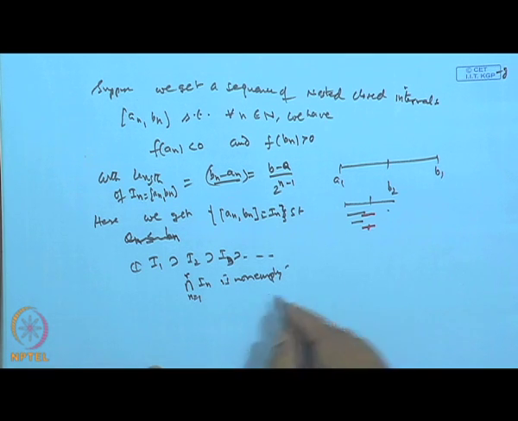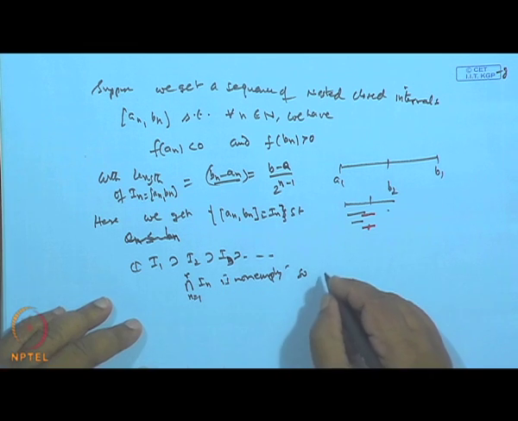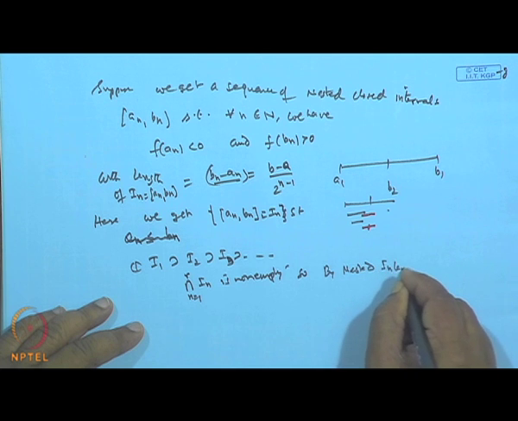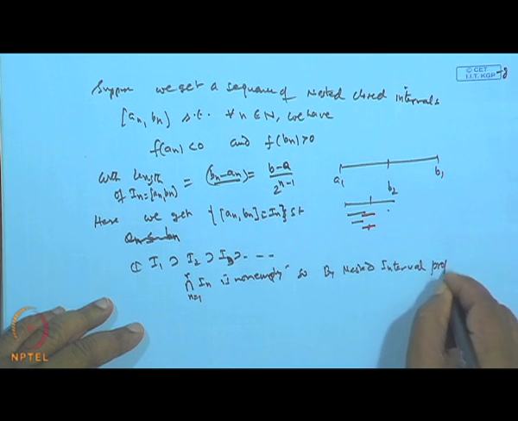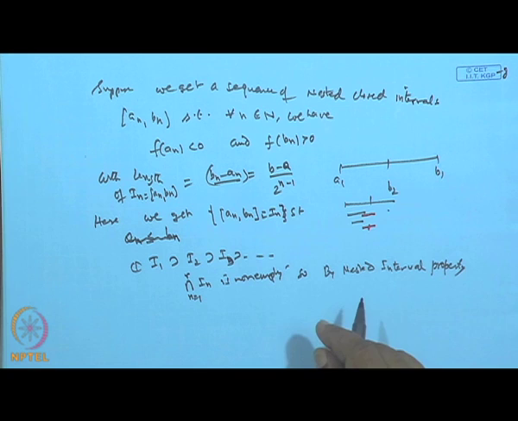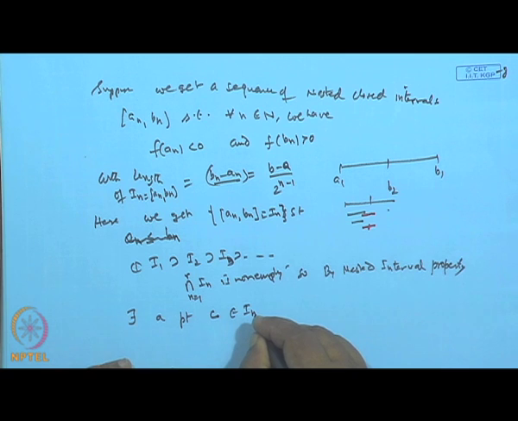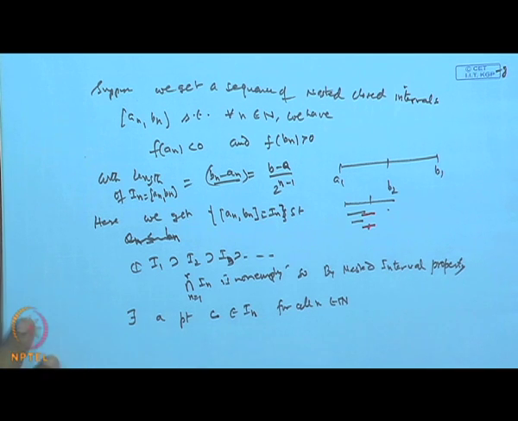So, by the nested interval property, there exists a point C that belongs to I_n for all n. This is the nested interval property.